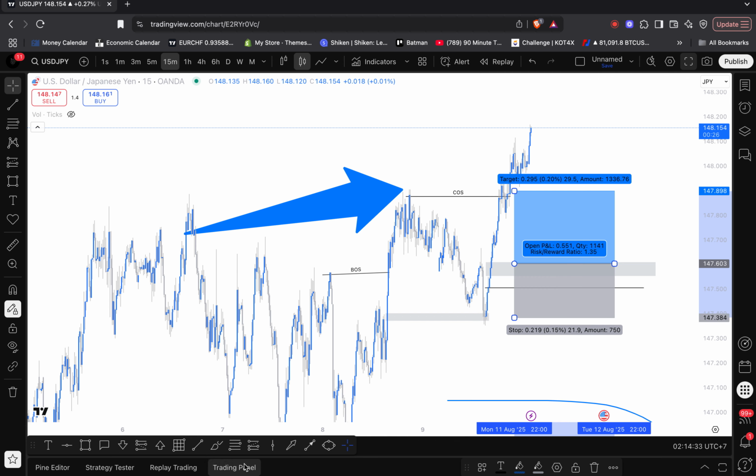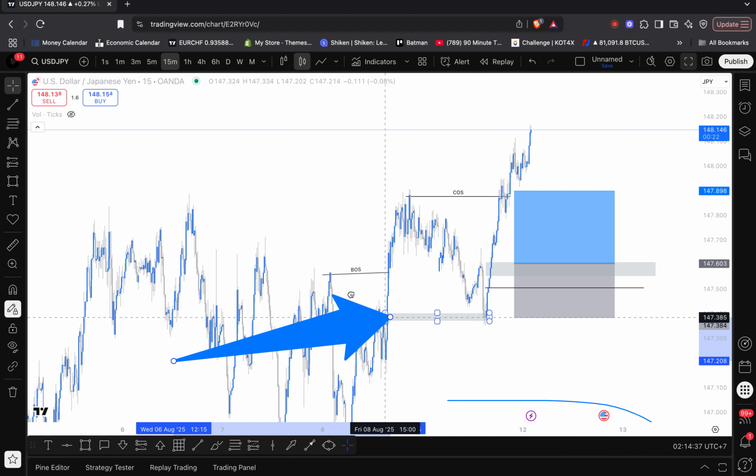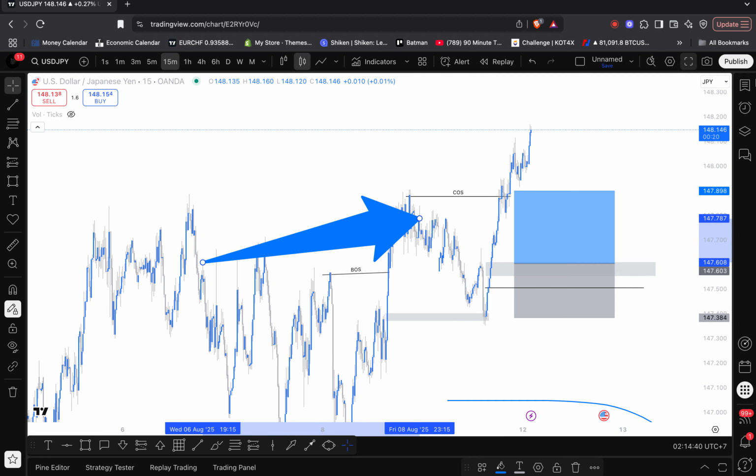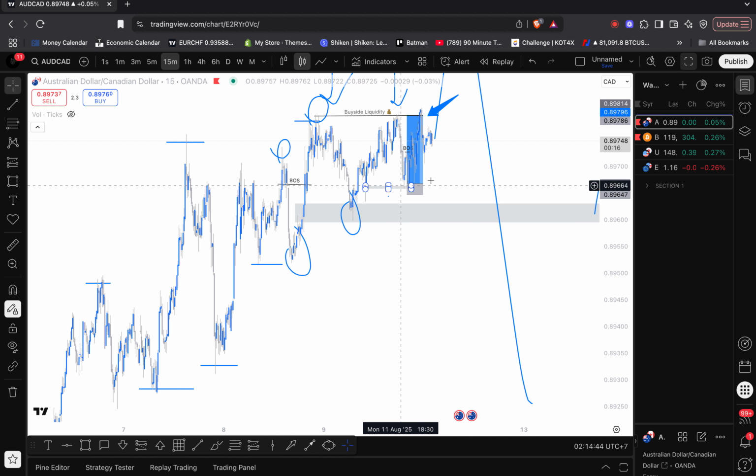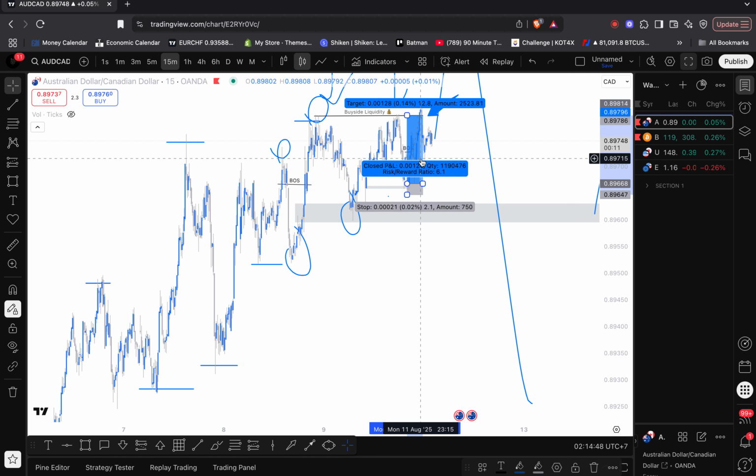So that's why I only trade the pairs and assets that are actually shown to be moving on the economic calendar, which is why I won this trade, because it's a market that's currently moving, and so I expected the market to move, and it's moving. That's why you could expect to have a higher win rate when you trade according to the economic calendar.